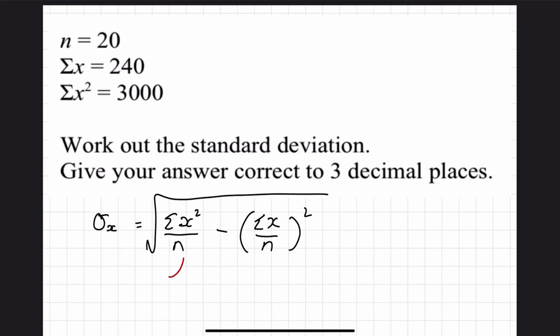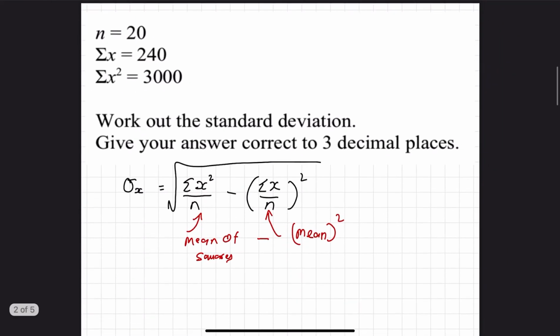What this basically is, is your mean of the squares, and you should know this from GCSE maths. The sum of x over n is just adding up all your values and dividing by how many values there are. So this is just your mean squared. So what you're basically doing is the mean of the squares minus the square of the mean, and then square rooting it.